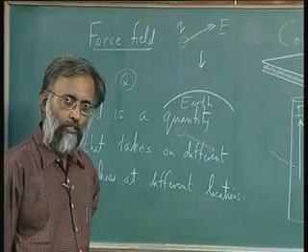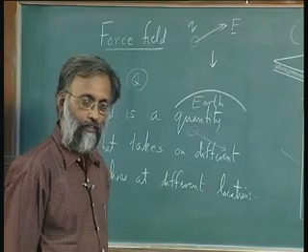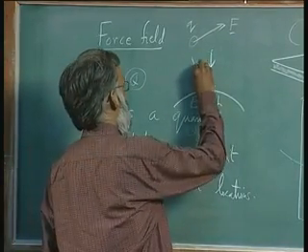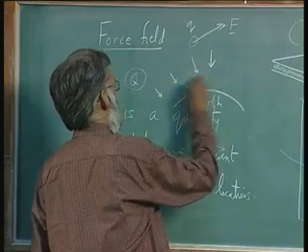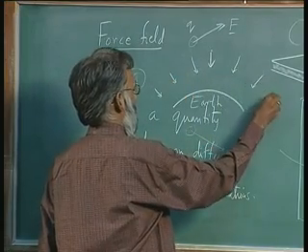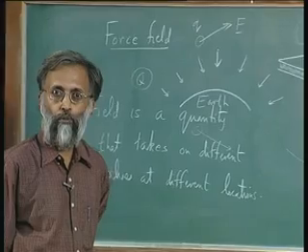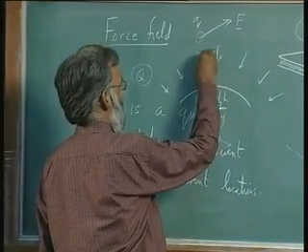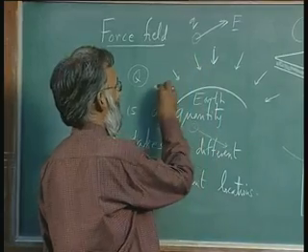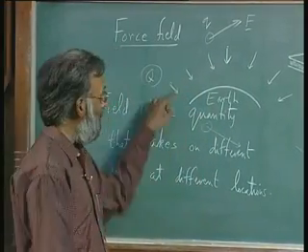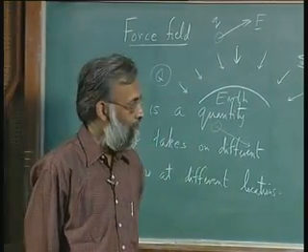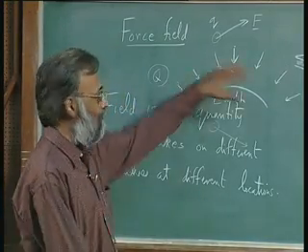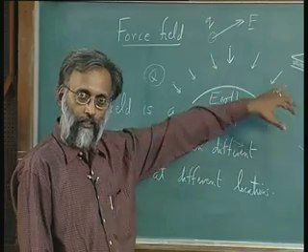Now, there is a gravitational field, namely a force waiting to happen, which is surrounding the earth. In all directions it is trying to pull things towards the earth. When the object is here, it gets pulled down this way. When the object comes here, it gets pulled down this way. If the object comes all the way here, it gets pulled down this way. So, this is another field and it is called the gravitational field.